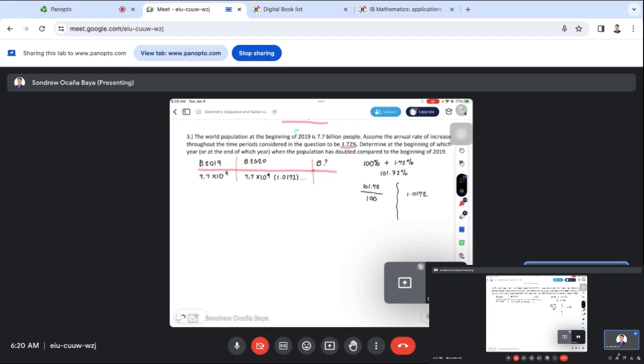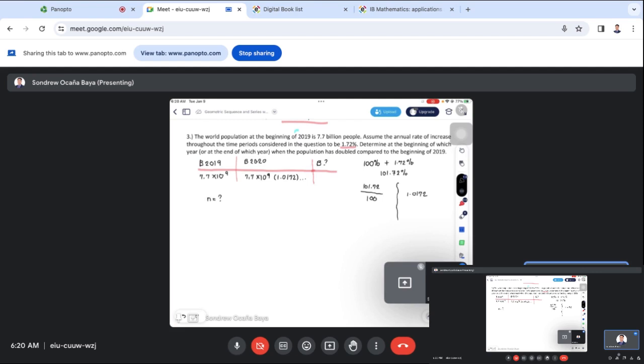Again here, the year serves as the position of the term in the sequence. That means we are actually looking for the position, which term in the sequence, in other words. And we're given here that the population has doubled.